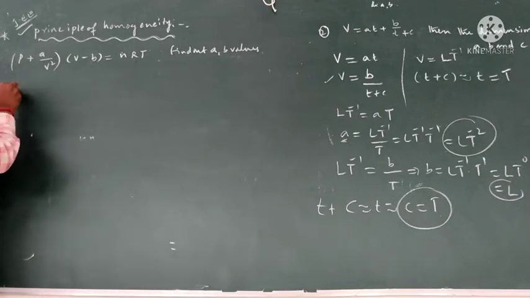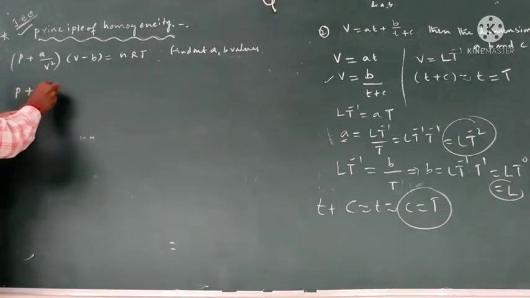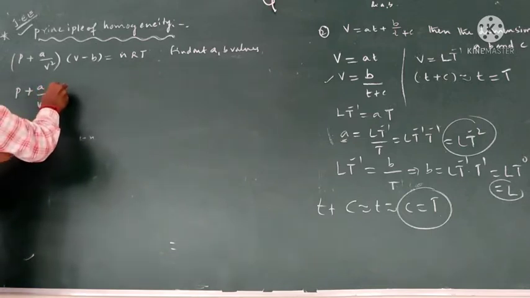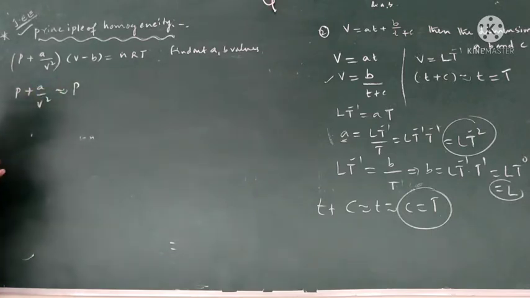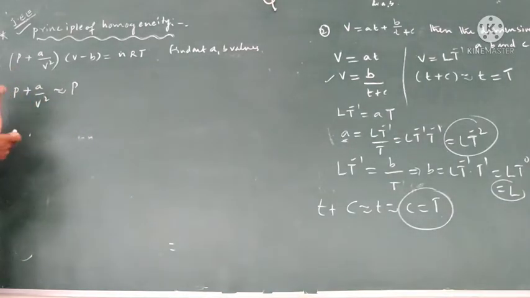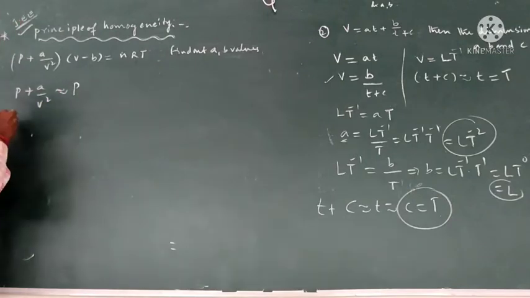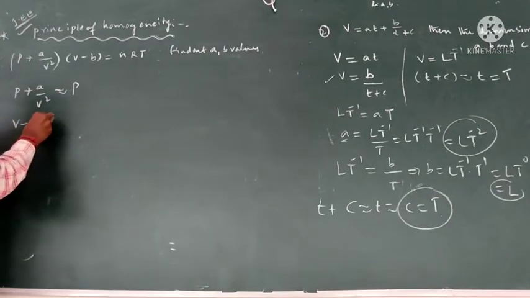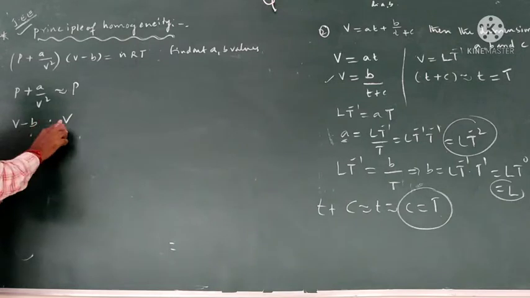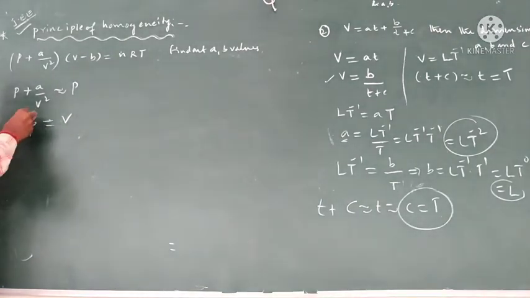So here, P plus a by V squared should be equal to P only. We can add them because they have the same dimension formula. And V minus b should be equal to V only, because same-dimension quantities are subtracted.